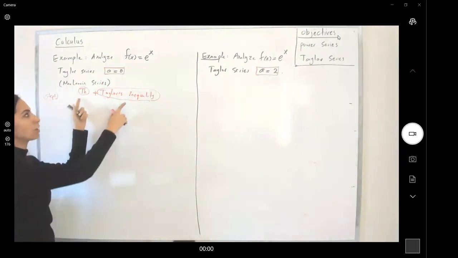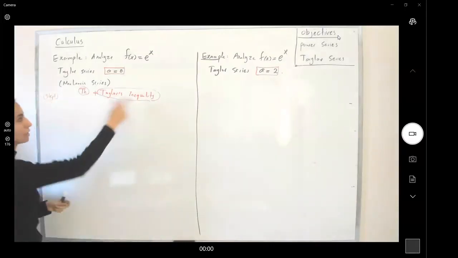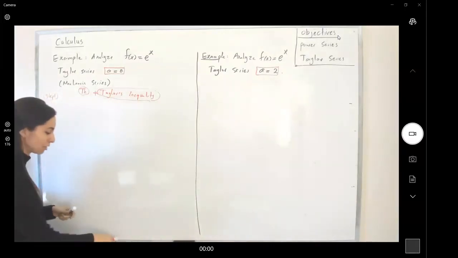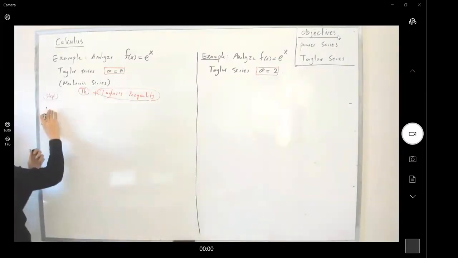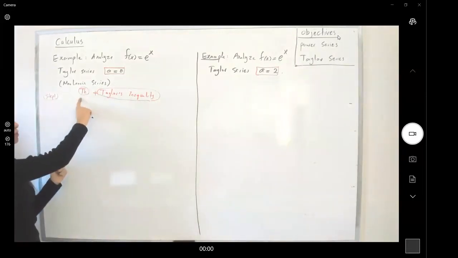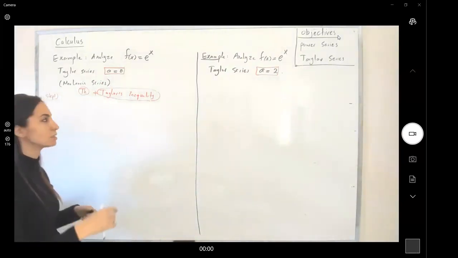Since we already proved this, we're not going to reprove it. If you want to take a look, get back to yesterday's notes and review what we did. So in step 1, first we check the theorem, Taylor's inequality, to show that the limit of the remainder goes to 0.